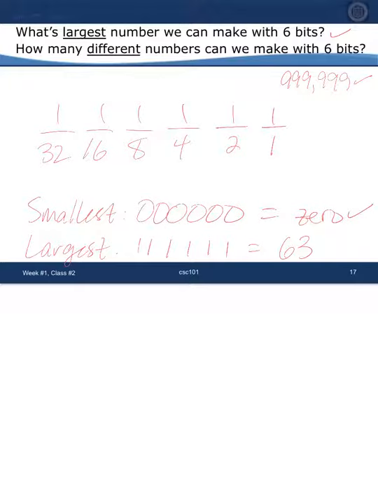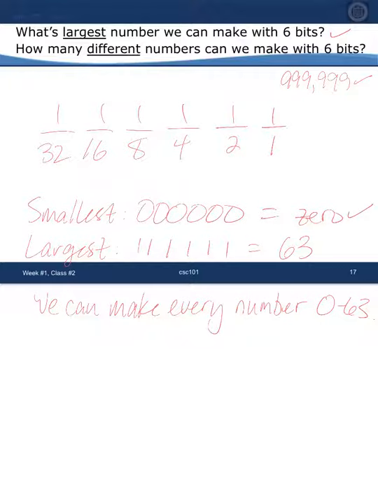You should be able to engineer all the numbers between 0 and 63, right? So I think, in fact, we can make every number from 0 to 63.